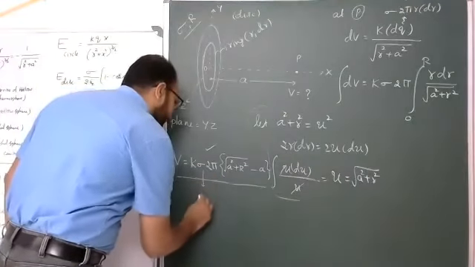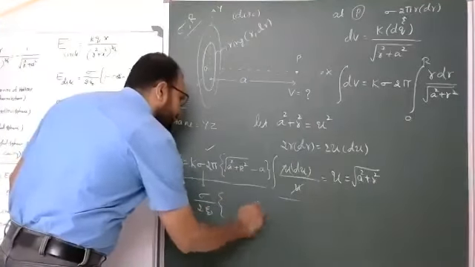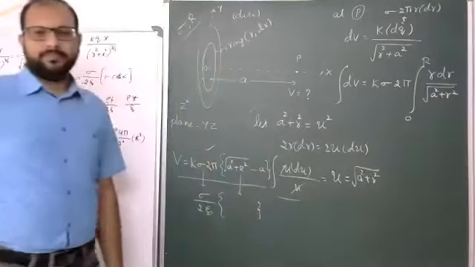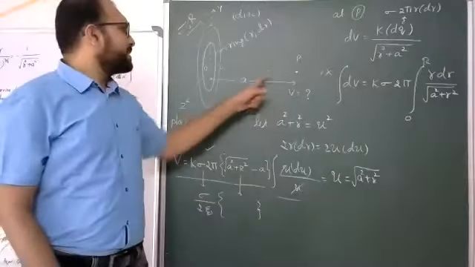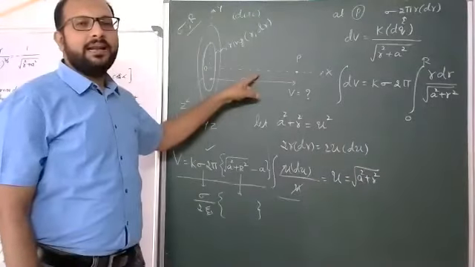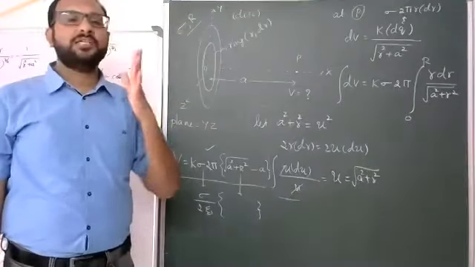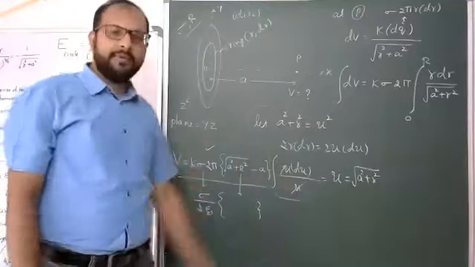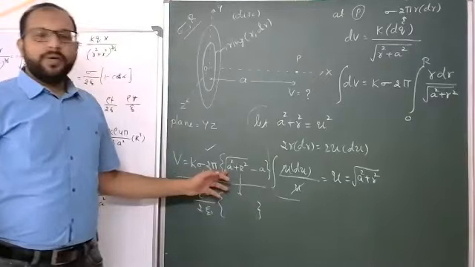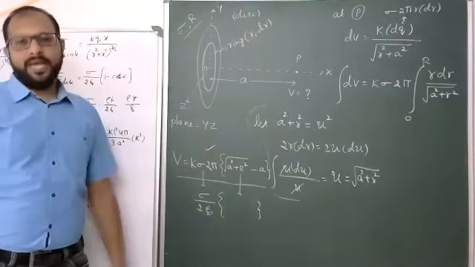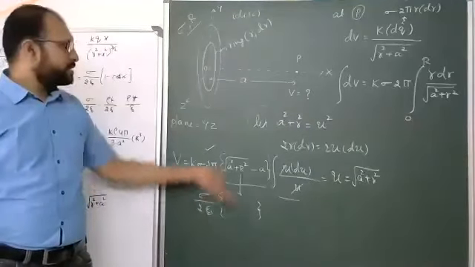So you can write sigma by 2 epsilon naught into the same expression. So the potential at a distance small a on the axial line of a uniformly charged disk having surface charge density sigma is sigma by 2 epsilon naught into root over a square plus capital R square minus small a. Students, please take this now.